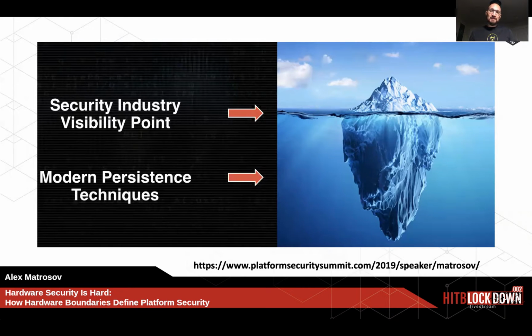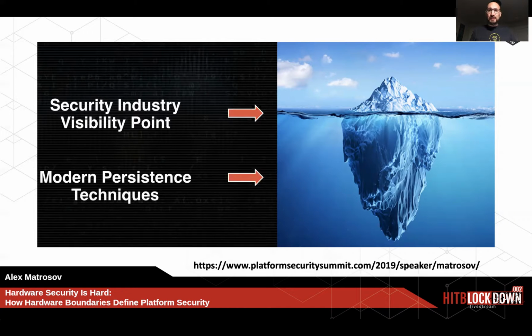Think about it: we actually have a lot of changes in modern attack surfaces, and the security industry's visibility is really just the visible part of the iceberg. But we have a lot of modern persistence techniques tied to the hardware and firmware, and they stay invisible to any endpoint solutions.